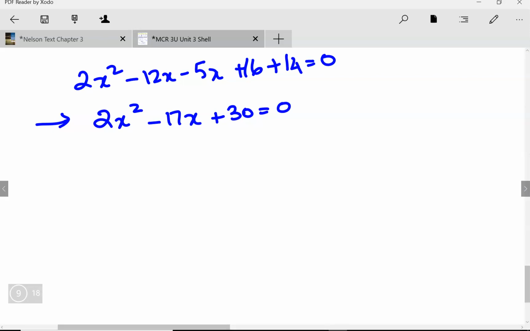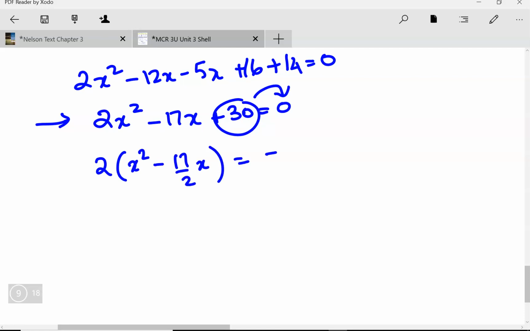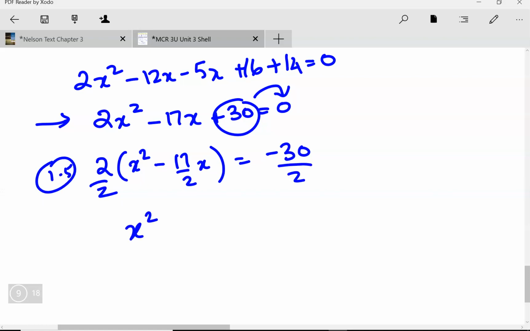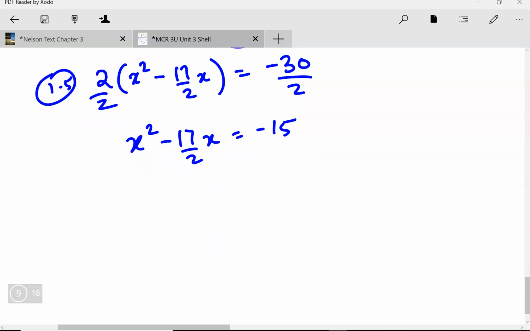Again, I'm going to move this 30 to the other side. I'm going to factor out the 2: 2x squared minus 17 over 2x equals negative 30. I'm going to divide by 2 here. This is step 1.5, if you will. Dividing by 2, x squared minus 17 over 2x equals negative 15.